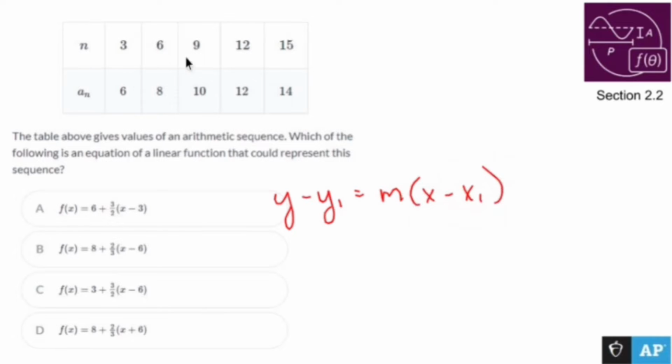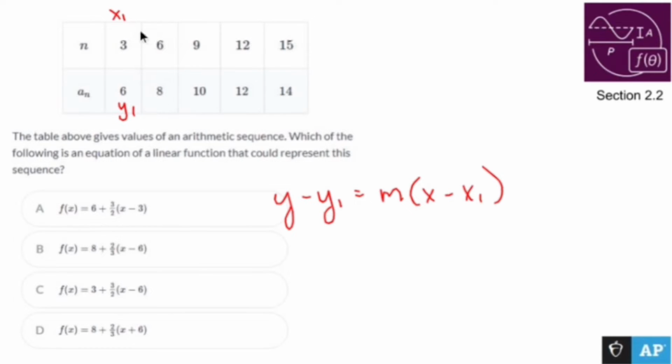So what I'm going to do is use this information. I'll call this x sub 1. I'll call this y sub 1, right? That way I can plug stuff in. It looks like they want me to use 3 and 6? Yeah, maybe. We'll find out. And what I also need to do is find my slope.